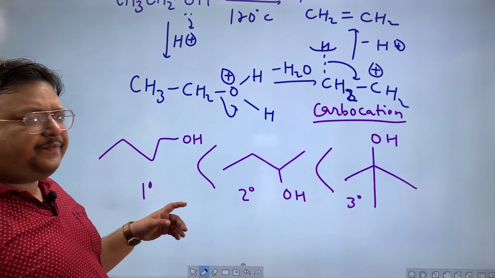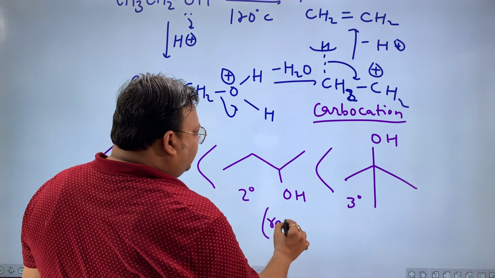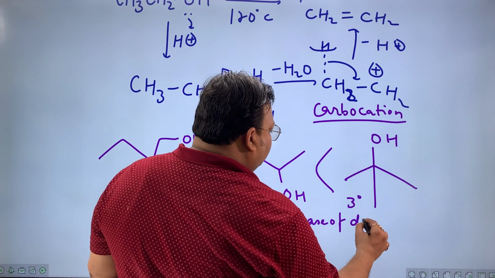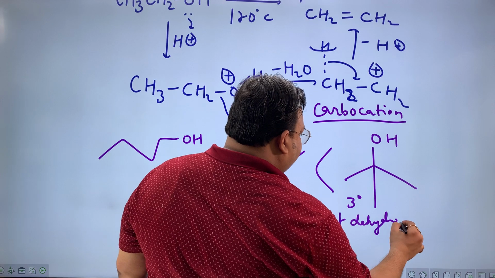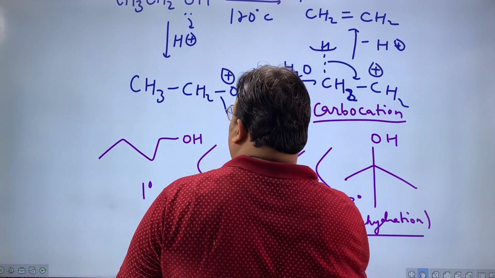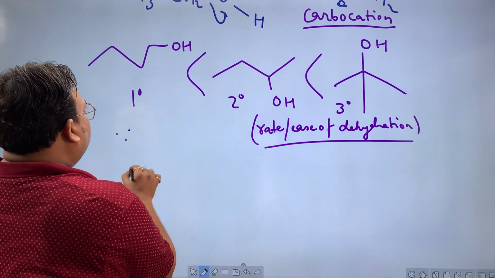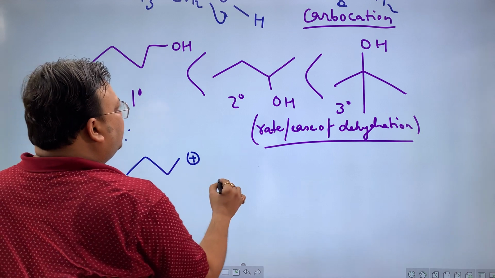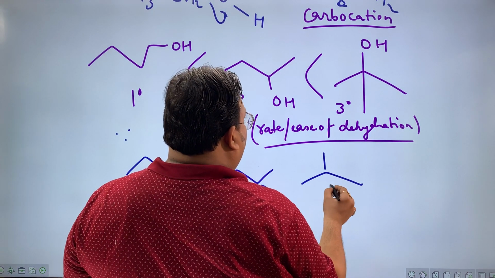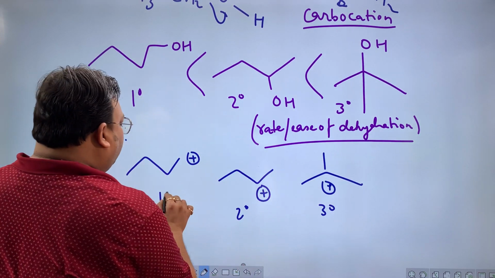But again, the rate or ease of dehydration, loss of water, the reactivity of these alcohols would be of this order because this is the stability of the carbocation. 3 degree more than 2 degree more than 1 degree is the order of stability of carbocation.